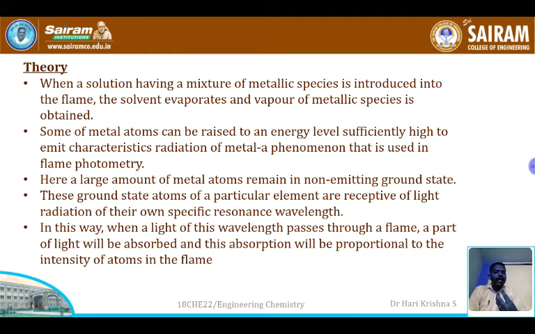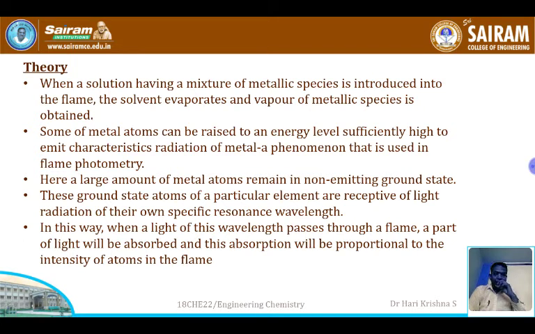The light which is absorbed will be proportional to the concentration of the atoms present in the flame. So by measuring the intensity of the light, we can find out how much of the metal is present here.